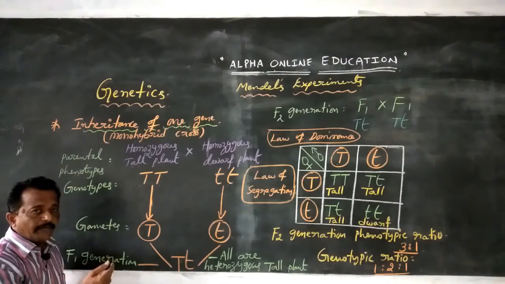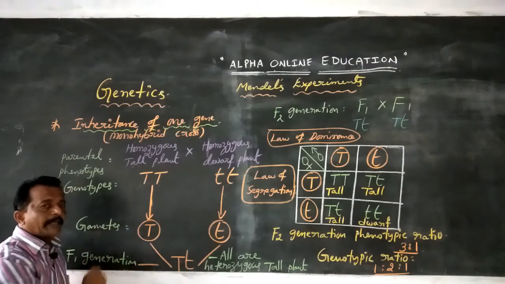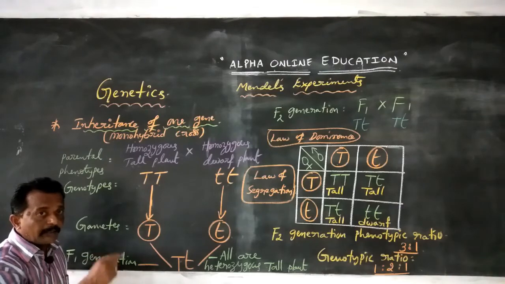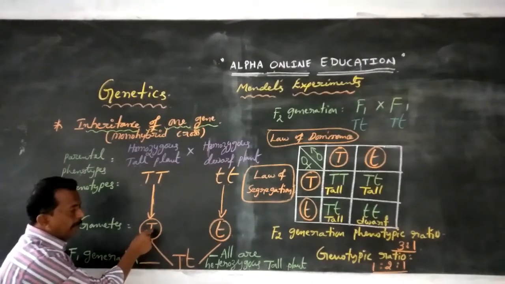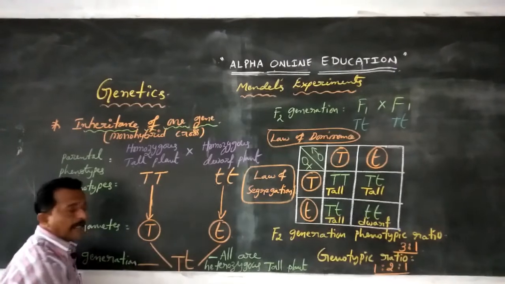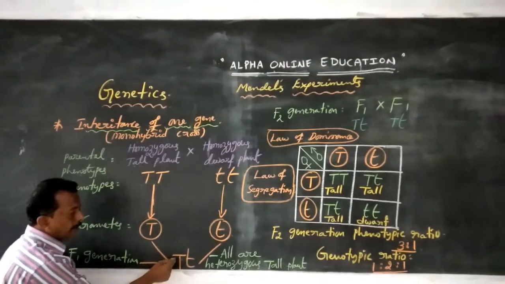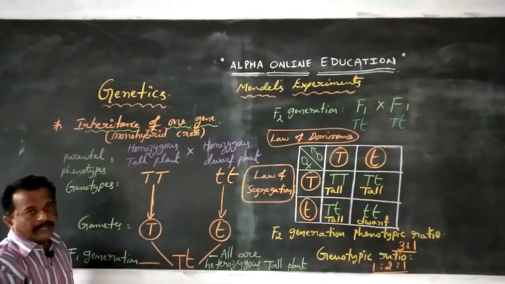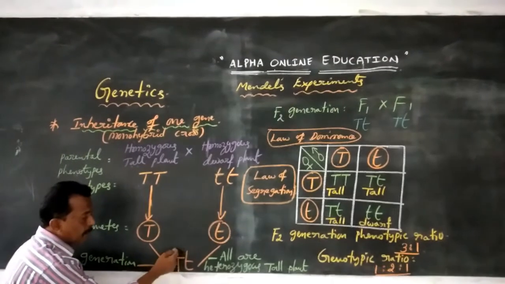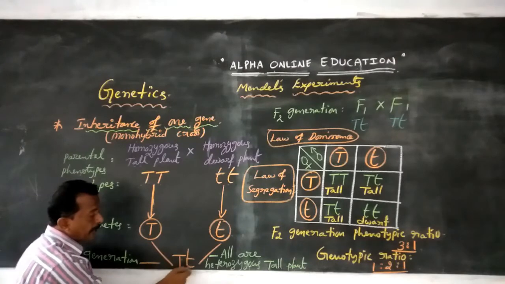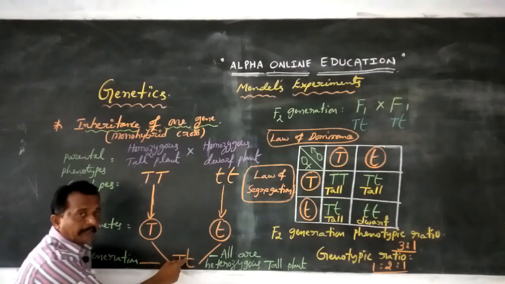One male gamete fuses with one female gamete to result in one diploid zygote, with genotype capital T small t.